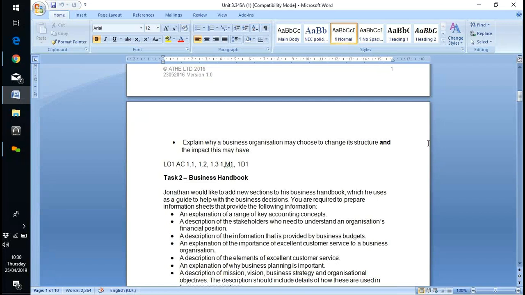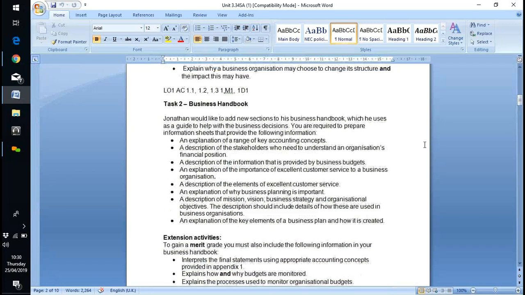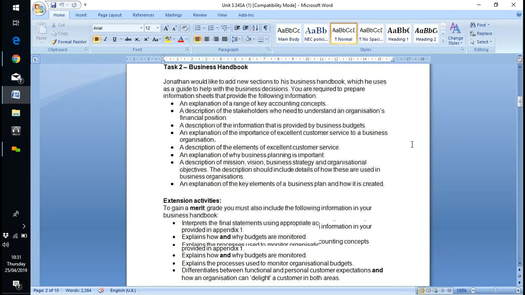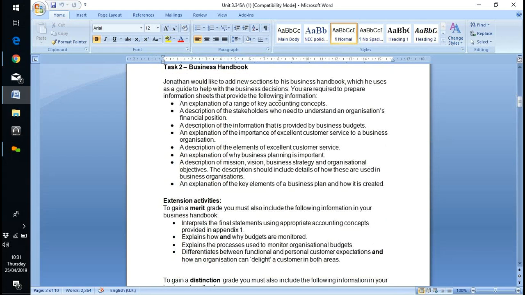I'll quickly look at task 2 because it gives you an idea. I'll come back to LO1 in a minute. But task 2 is about producing a business handbook, which looks at a key range of accounting concepts, a description of the stakeholders who need to understand an organisation's financial position, a description of the information that is provided by business budgets, an explanation of the importance of excellence for customer service, a description of the elements of excellent customer service, and an explanation of why business planning is important.